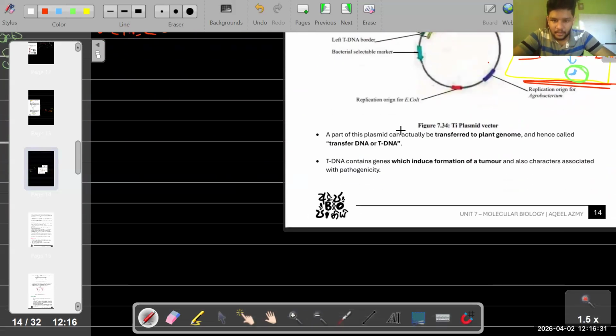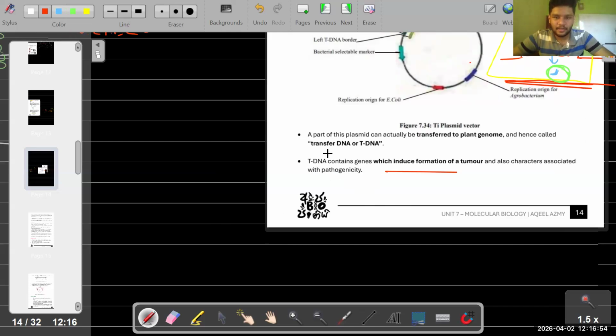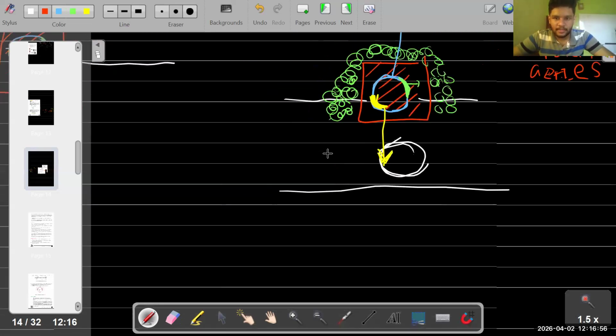Let's see here. Transfer DNA contains genes which induce the formation. Transfer DNA is the one that contains genes which induce the formation of tumor. The mastermind behind the tumor formation. Can you see?